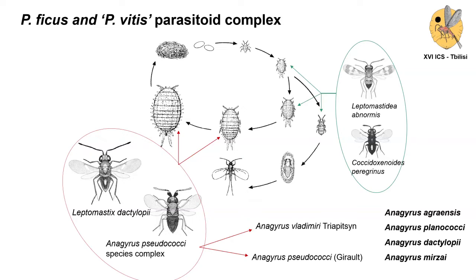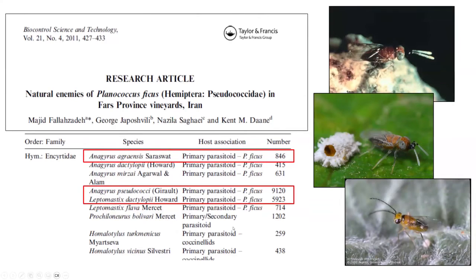And so we've got 4 species there, all Anagyrus that we've never imported. And that's one of our goals in the future, is to bring these in. And this is shown in the work I did with Majid from Iran. He does get this Anagyrus pseudococci as his most common species, but their Leptomastix dactylopi was also extremely common.